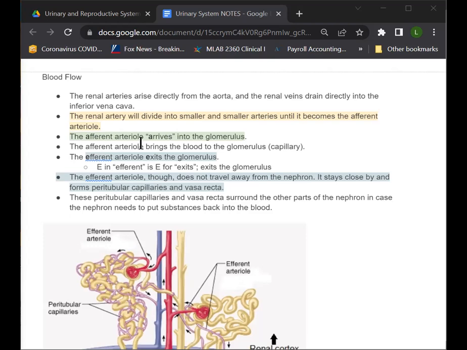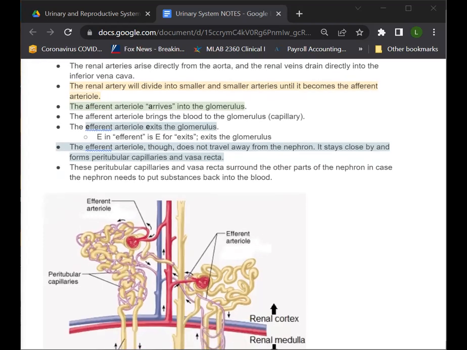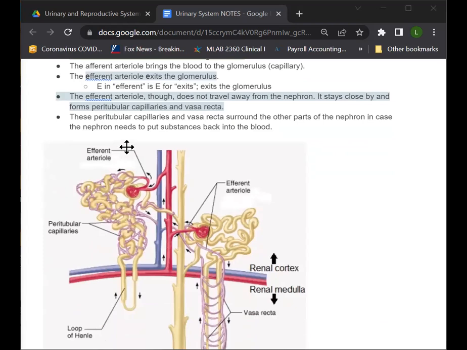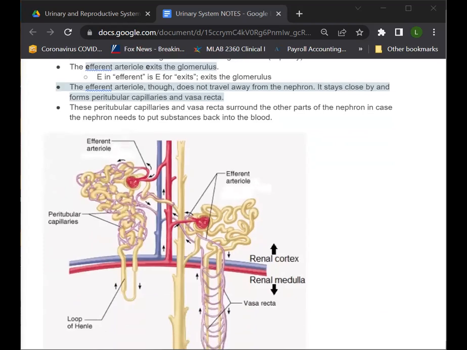We need to know the efferent arteriole does not travel away from the nephron. It actually stays close by and forms peritubular capillaries and also vasa recta.